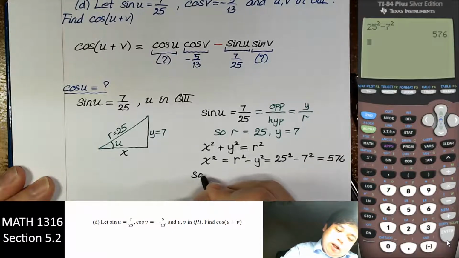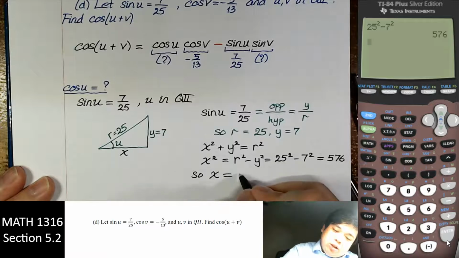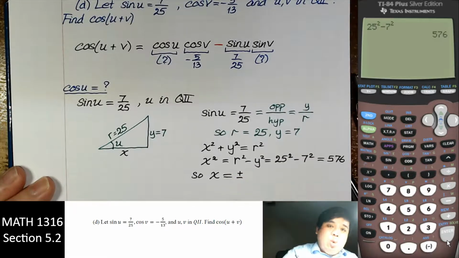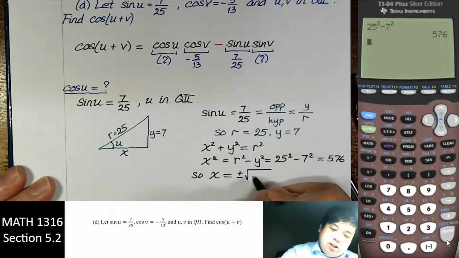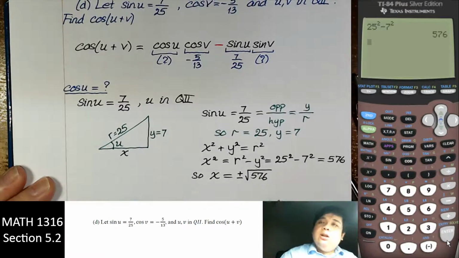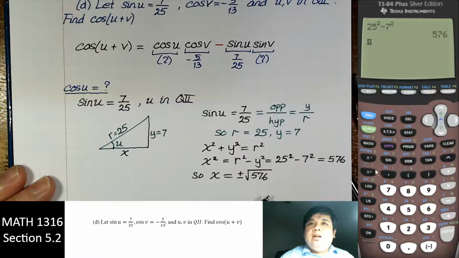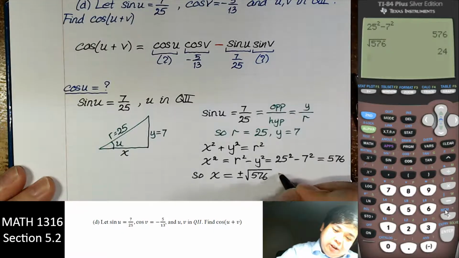So to solve for x, take the square root on both sides. When there's a square root, there's the plus or minus, and the square root of that number is 24.